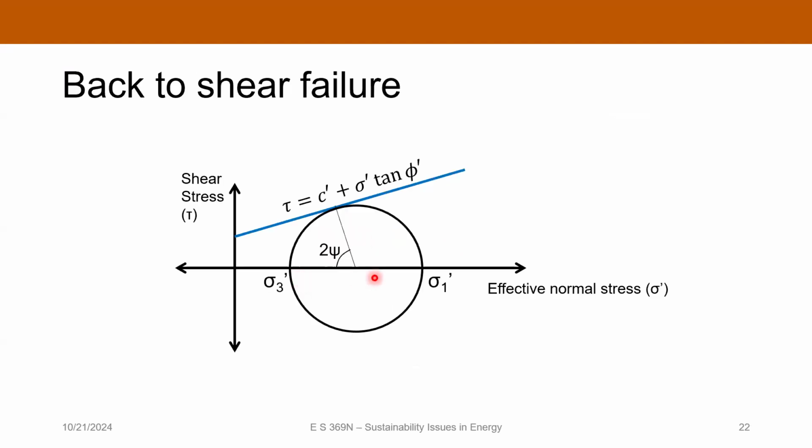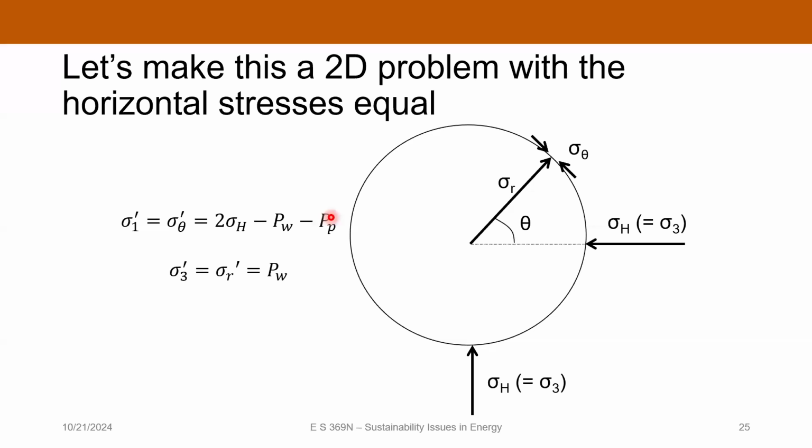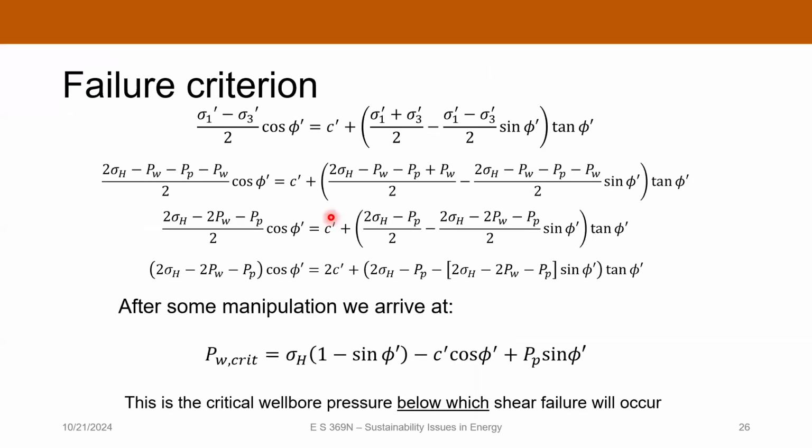Now, shear failure, on the other hand, the mathematical treatment of this was a little more complicated. We had to make the simplifying assumption that the horizontal stresses were equal to each other. But after a bunch of trigonometry, we came up with a critical minimum wellbore pressure below which you'll have shear failure.